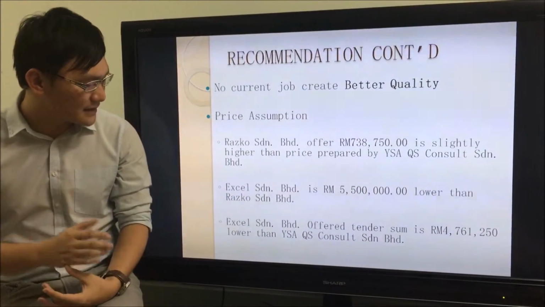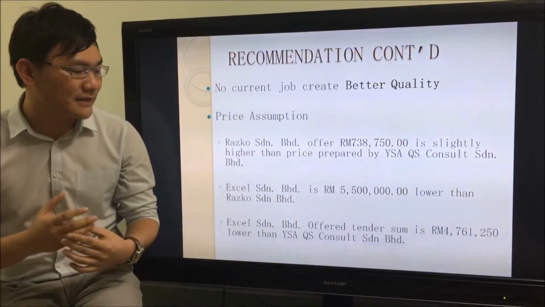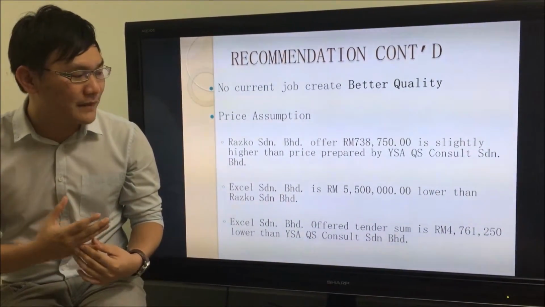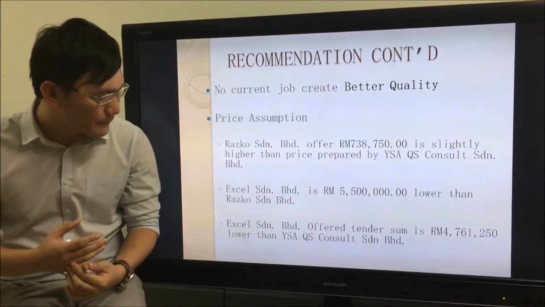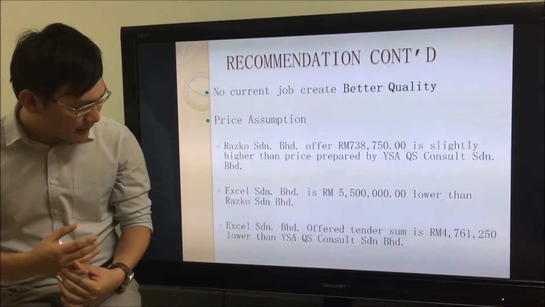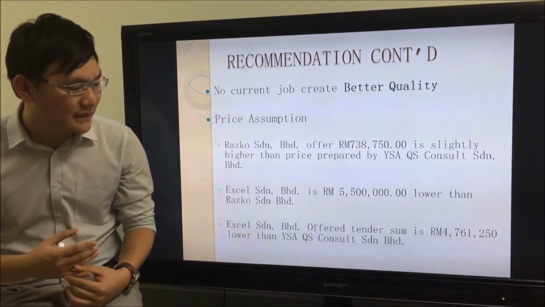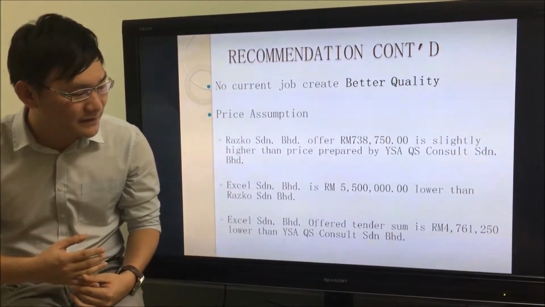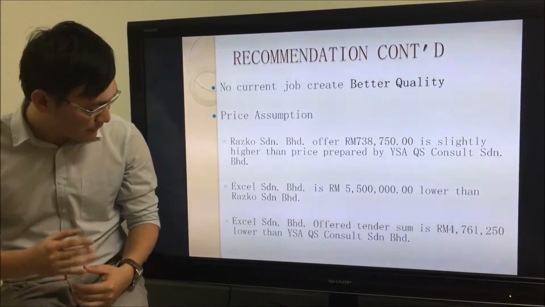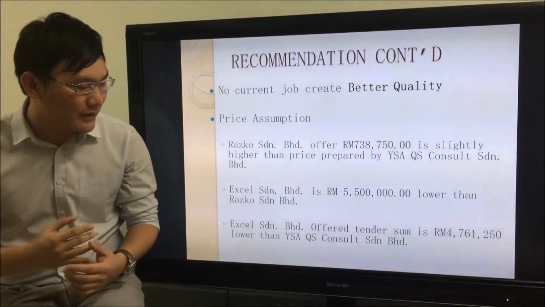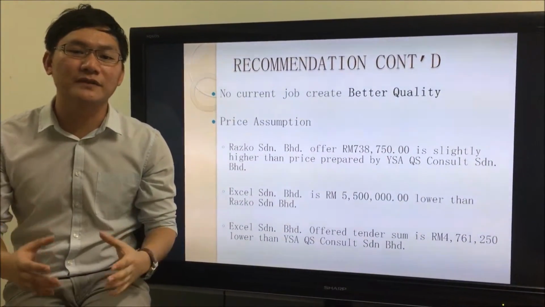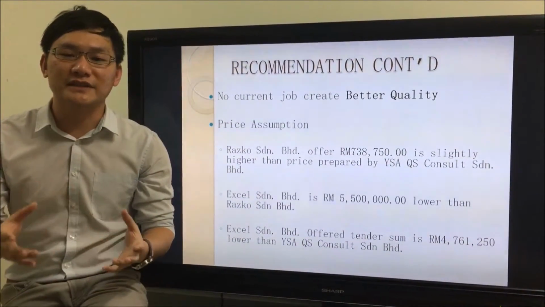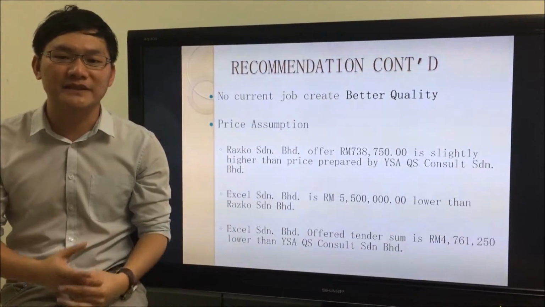And then next, Acer Sendirian Berhad is 5.5 million lower than Raksos Sendirian Berhad. Lastly, Acer Sendirian Berhad's offered tender sum is 4.7 million lower than YSA QS Consult Sendirian Berhad, which means Acer Sendirian Berhad has offered a price standard which is within the client's budget.